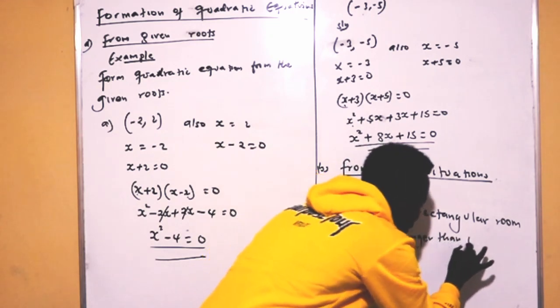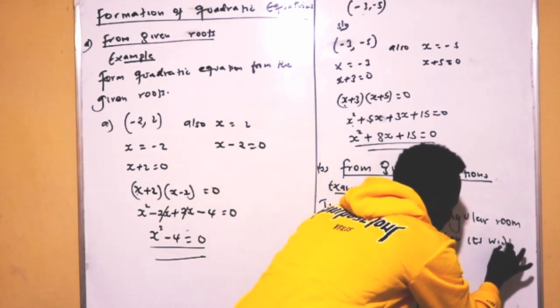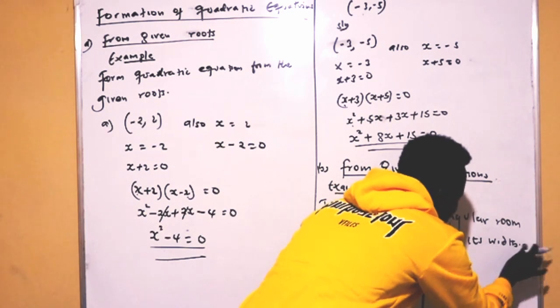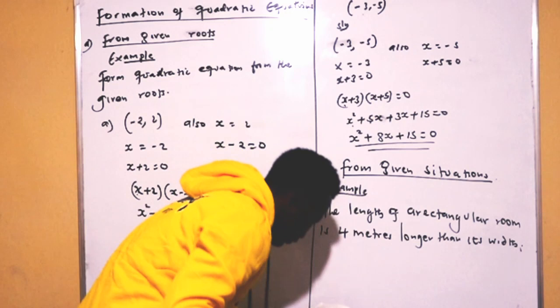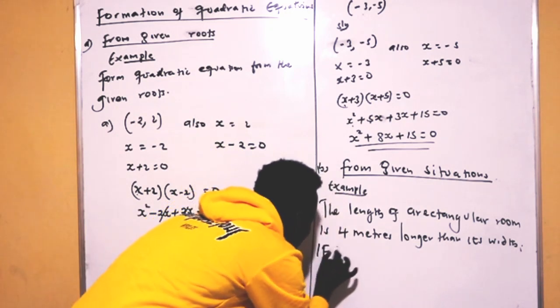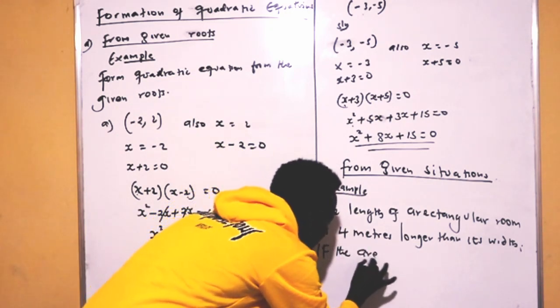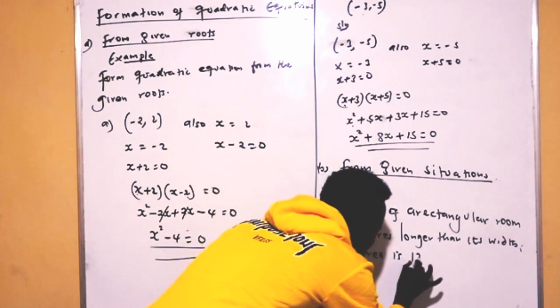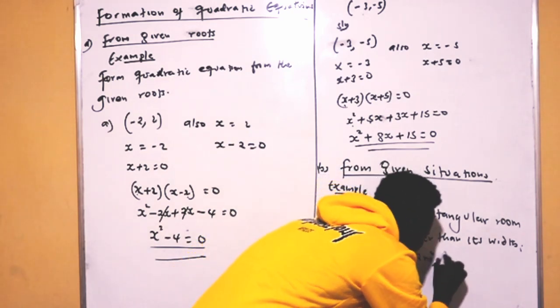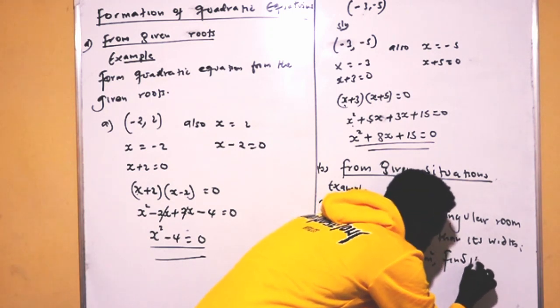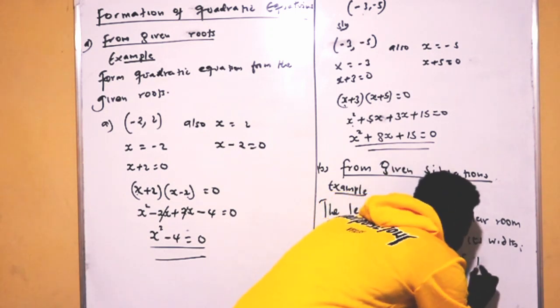Full stop. You are told the area is 12 meters squared. Find its dimensions.